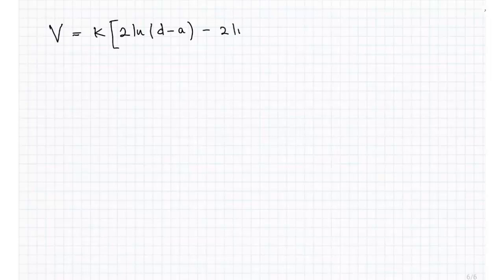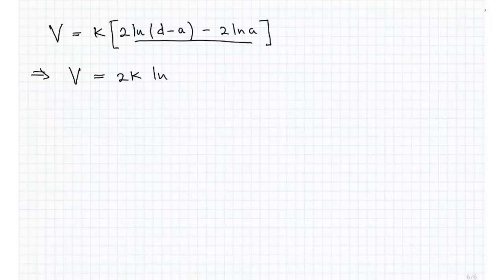Then V is equal to 2K multiplying log of, applying the properties of logs, the subtraction is equal to d minus a divided by a, right?